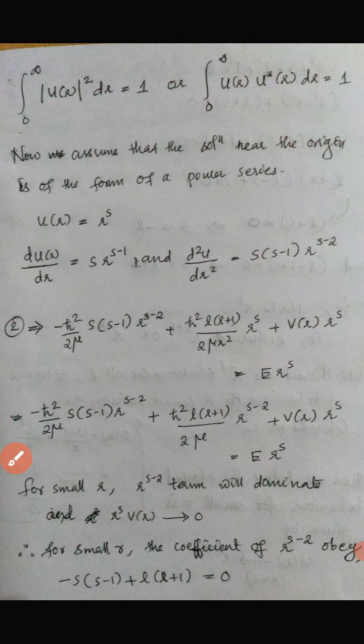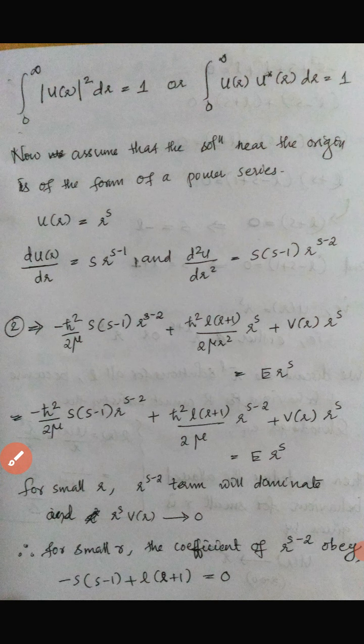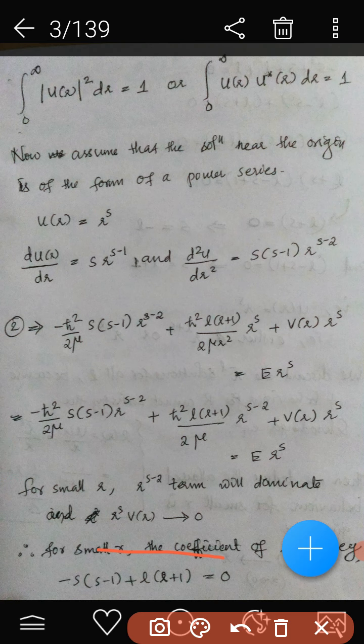Next, for small r, the r to the power s minus 2 term will dominate. When r is small, compared with r to the power s, this r to the power s minus 2 will dominate, since r V of r tends to 0. So for small r, the coefficient of r to the power s minus 2 can be equated to 0. That is, minus s into s minus 1 plus L into L plus 1 is equal to 0.